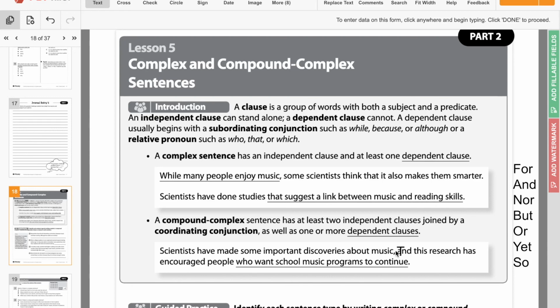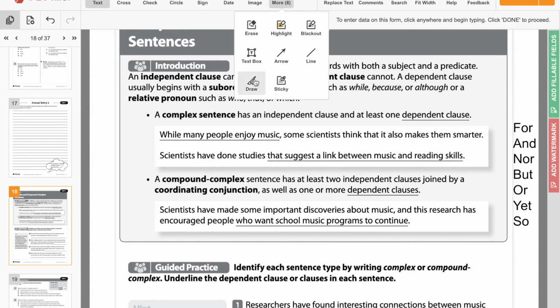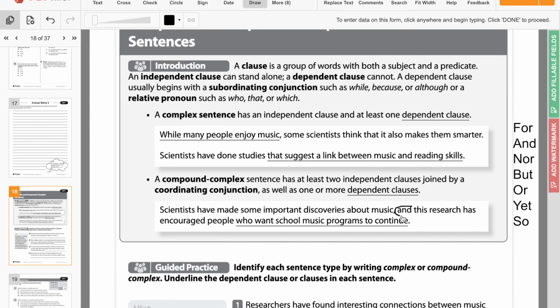In this example, they say scientists have made some important discoveries about music. That makes sense on its own. That's our first independent clause. This research has encouraged people. That's our second independent clause. This word, and, is our coordinating conjunction. And then who want school music programs to continue.